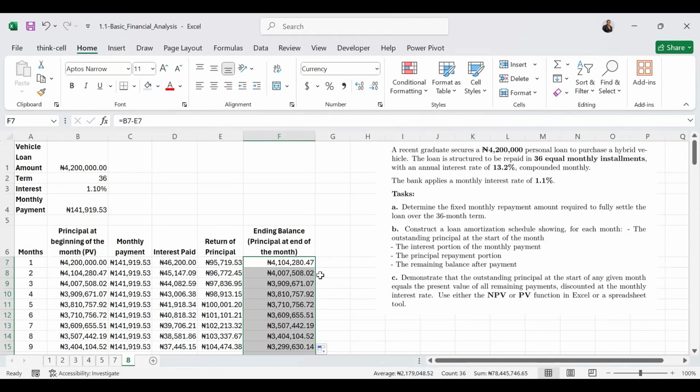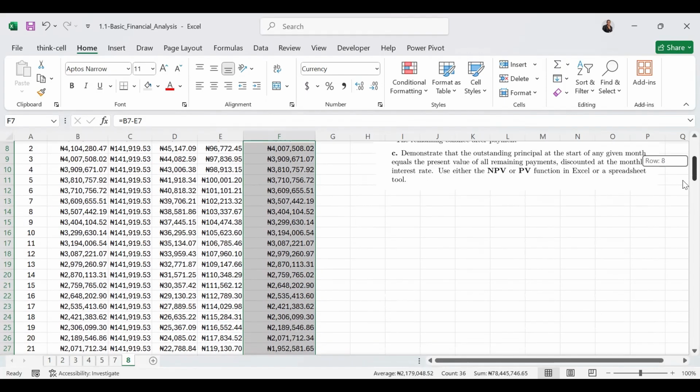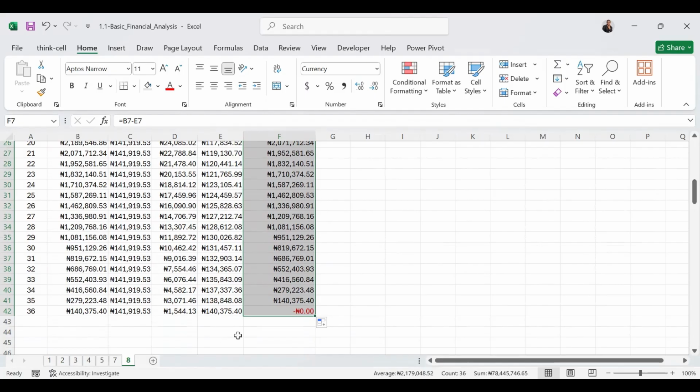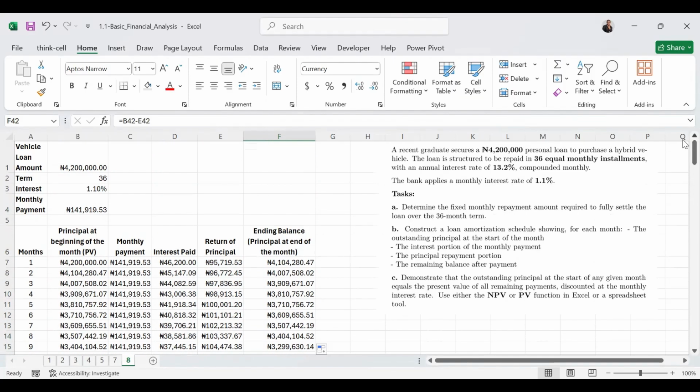So if I got this correctly, then at the end of the 36th month, my ending balance, that's the principal at the end of the month, should be 0. So let's check. And that shows that we have completely repaid our loan. As you can see, it is 0. And that's just what this is all about.